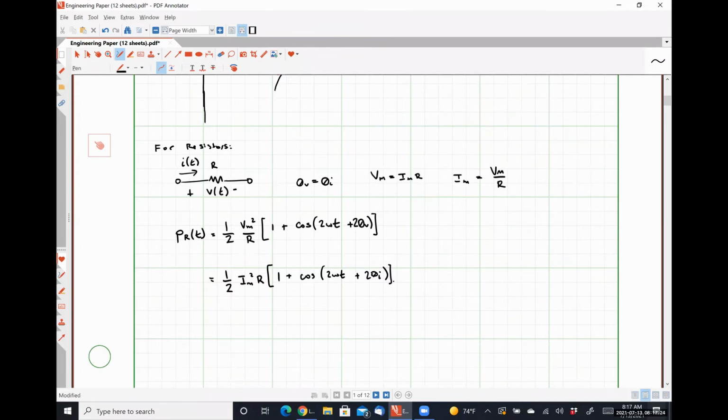So I've given you relationships for the instantaneous power depending on only knowing the voltage or only knowing the current, right? As long as we know what the magnitude of the voltage drop is and the phase angle of the voltage is, or the magnitude of the current and the phase angle of the current, we're good to go. So we can tie this relationship directly back to our phasor circuit analysis.